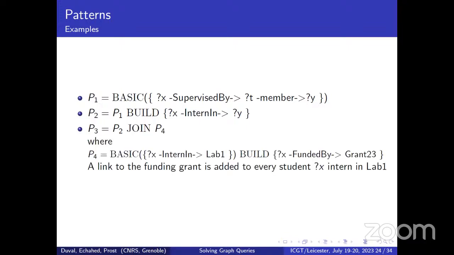Now, if you consider this pattern, it plays a kind of let expression in functional programming. It means that this pattern will add new relations or new edges to the considered graph, and P4 will use these edges. P4 says that if I have a student who is entering in lab 1, then I have to say that this student should be funded by this grant number. Okay?